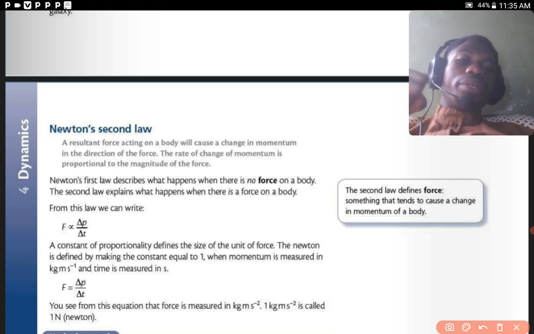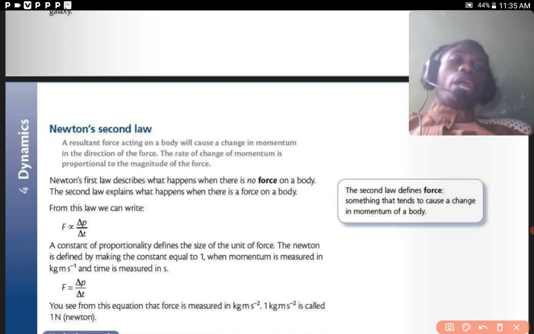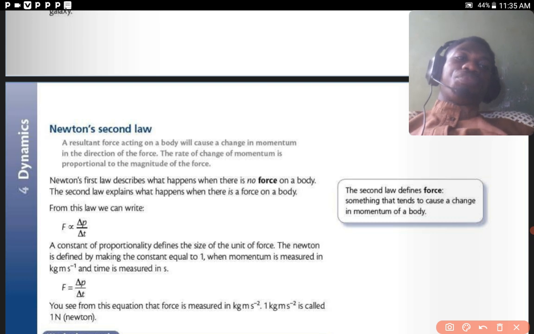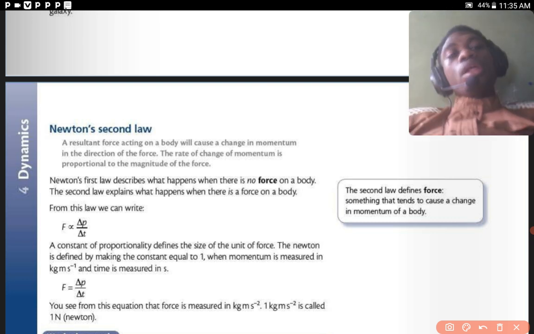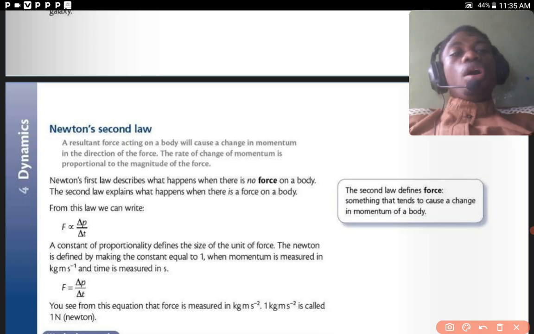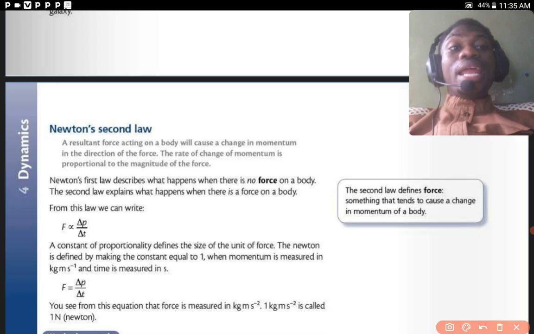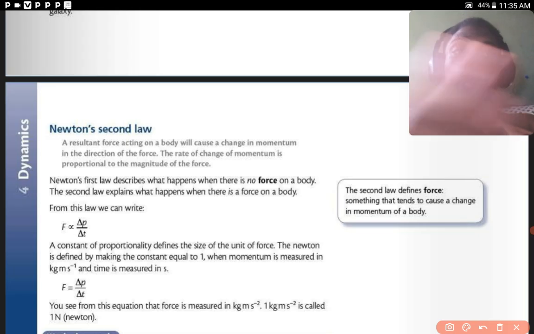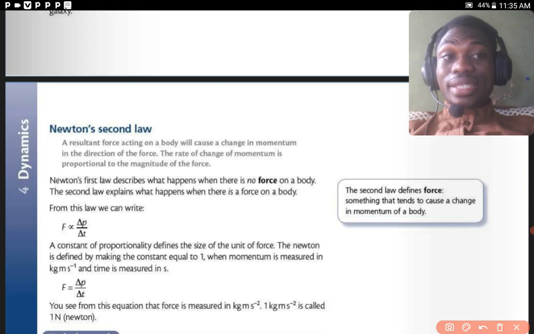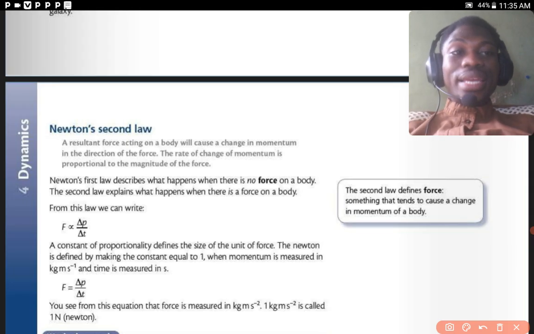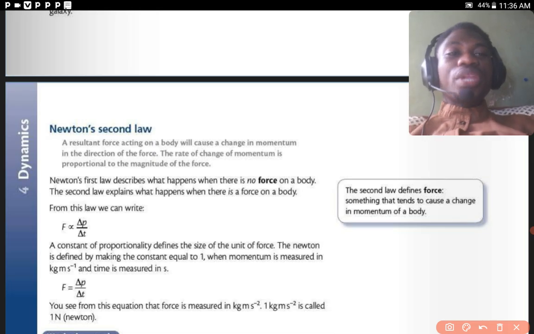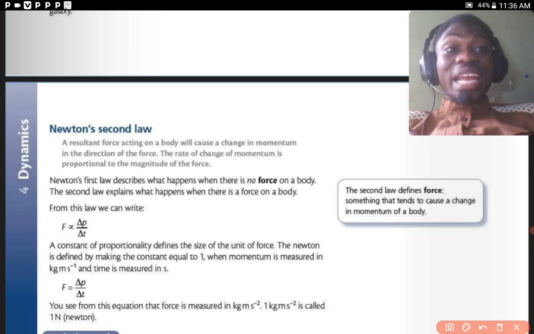The point you should underline is that in law 1, the body will maintain its state of rest or uniform motion until an external resultant force acts on it. Now, in law 2, when a force is acting on the body, that force is directly proportional to what? The rate of change of momentum.